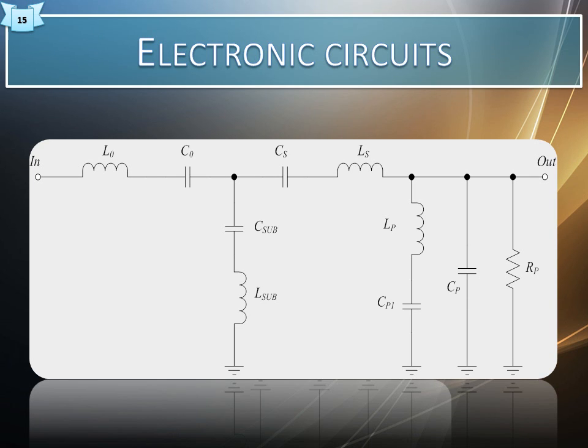The original representation of the Foster canonical form for electrical antennas was then modified to include additional parasitic components expected from the theoretical approach and later verified through simulation results. Inclusion of substrate capacitance and inductance, parallel resonant components, and series resonant components as a result of interconnects and mutual inductance and capacitance from nearby components increases the degrees of freedom, and circuit behavior can be analyzed to verify this operation.